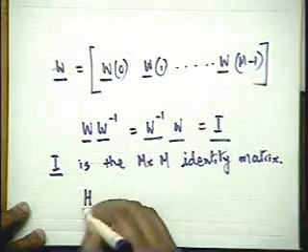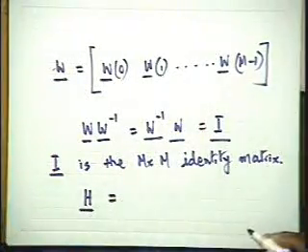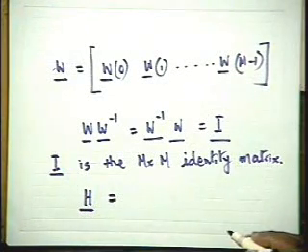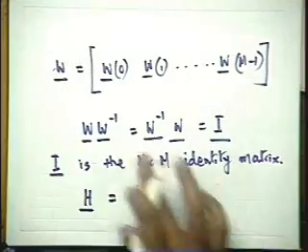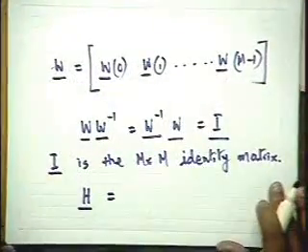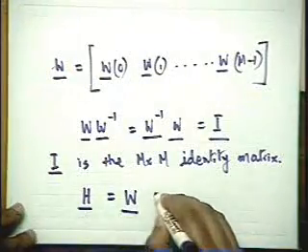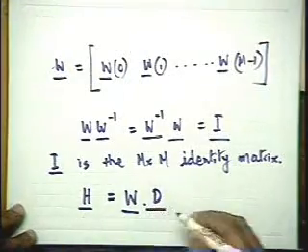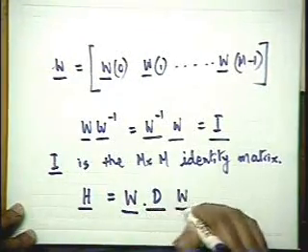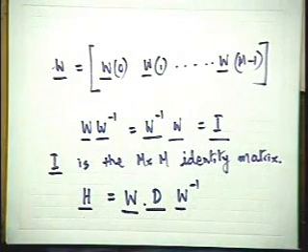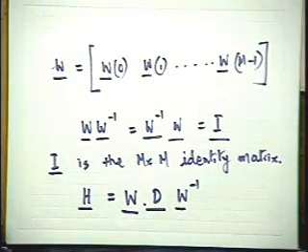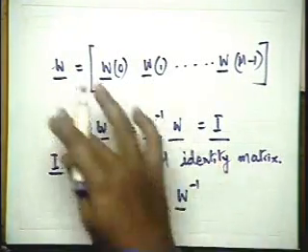By the elementary matrix property, because already I have got W as the eigenmatrix, the matrix consisting of the eigenvectors, in terms of these W matrices I can write H equal to W multiplied by the D matrix multiplied by W inverse. What is this D matrix? D matrix is the diagonal matrix whose elements are the eigenvalues of H.